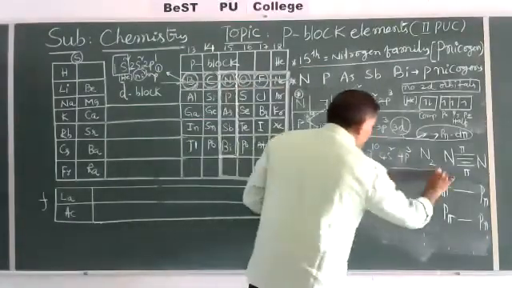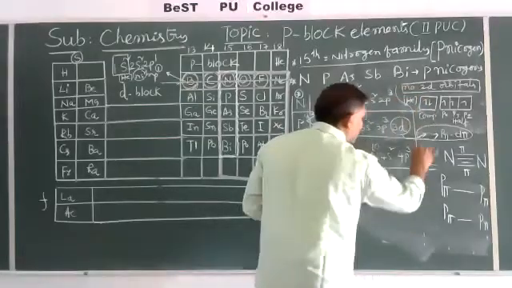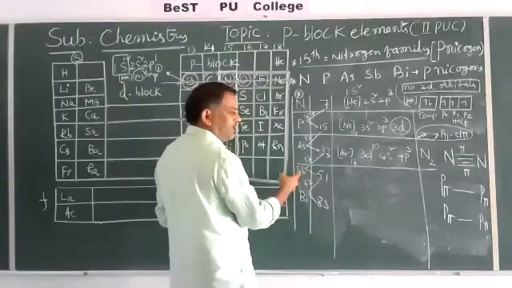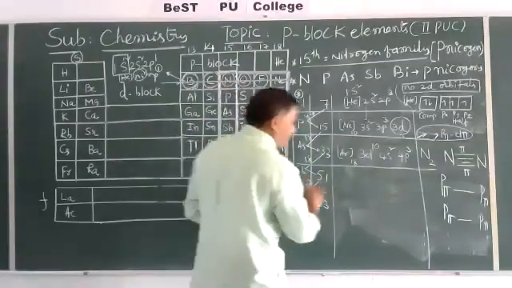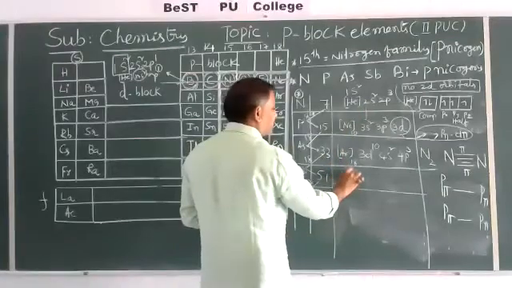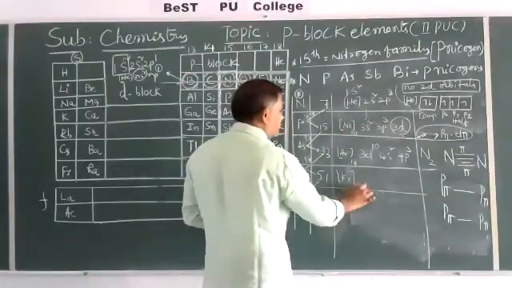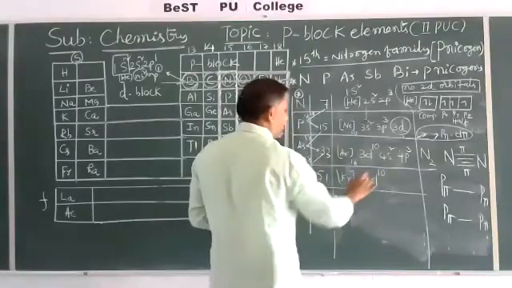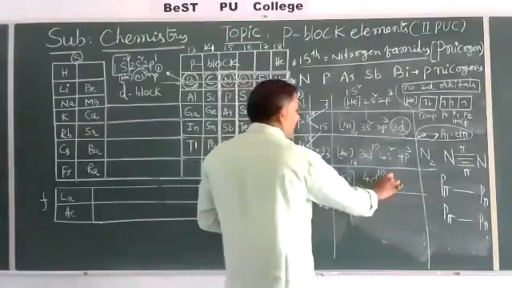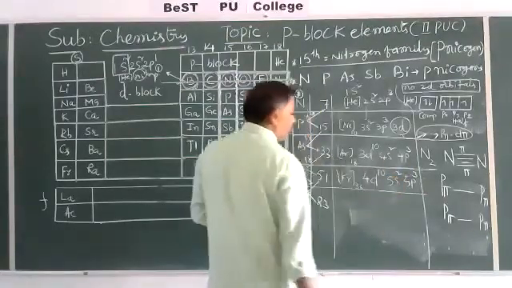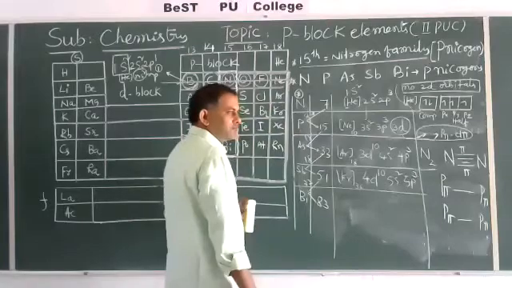Now similarly, in this case nitrogen, phosphorus, arsenic, antimony, atomic number is 51. Here helium, neon, argon, we can write krypton, it is 36. Here we can write 4d10, 46. Now here the 5s2 and 5p3, balanced 51.